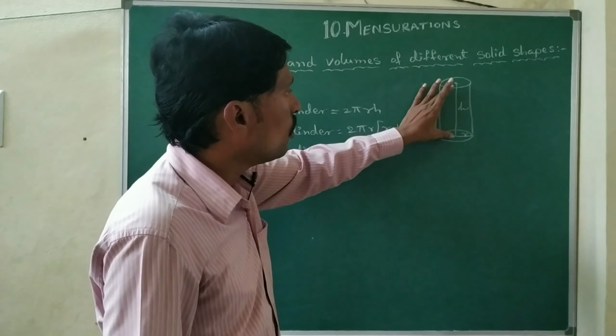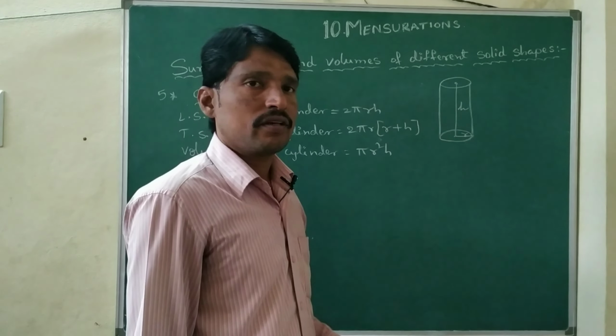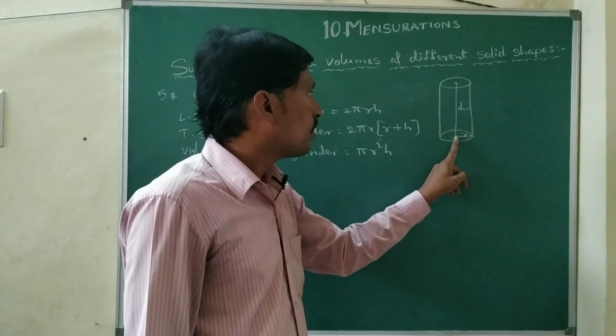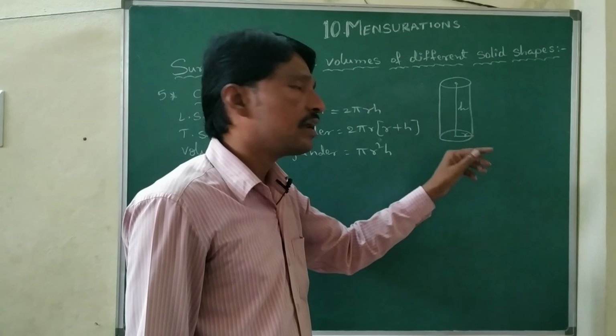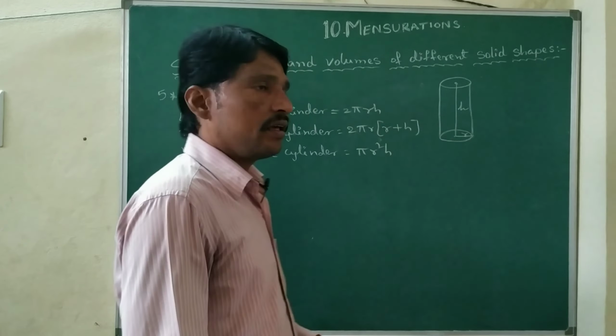Joining the centers of the circles gives the height of the cylinder, and center of the circle to the edge is the radius of the cylinder.